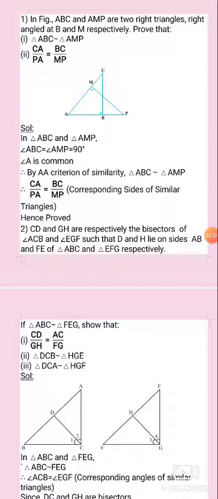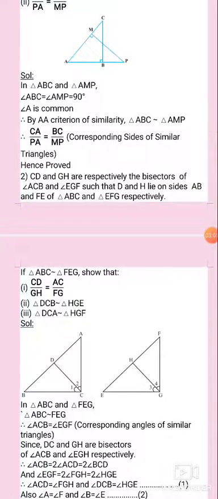Now consider the triangles ABC and FEG. Triangle ABC is similar to triangle FEG, it is given. Therefore, angle ACB is equal to angle EGF. Why? Corresponding angles of similar triangles.